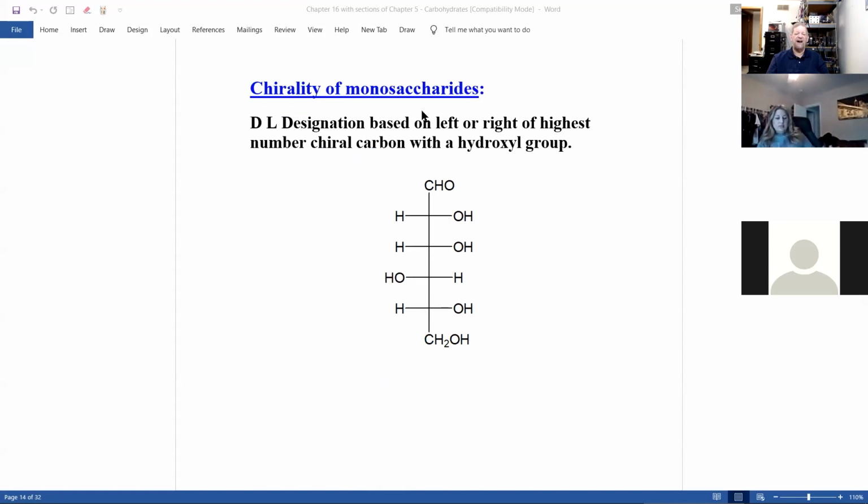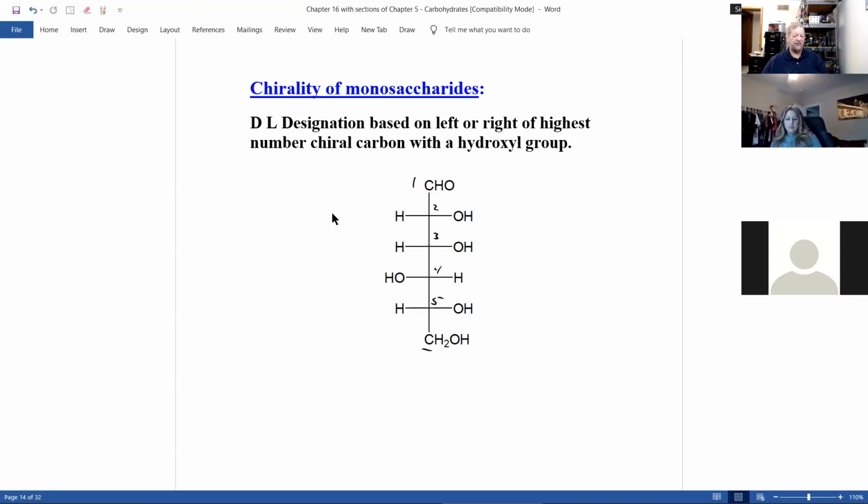Now, when you have a monosaccharide like glucose or fructose, you have what's known as the D/L designation. And that's based on the highest chiral carbon, whether the hydroxyl group is on the right or the left. Now remember, an aldehyde is 1, 2, 3, 4, 5.